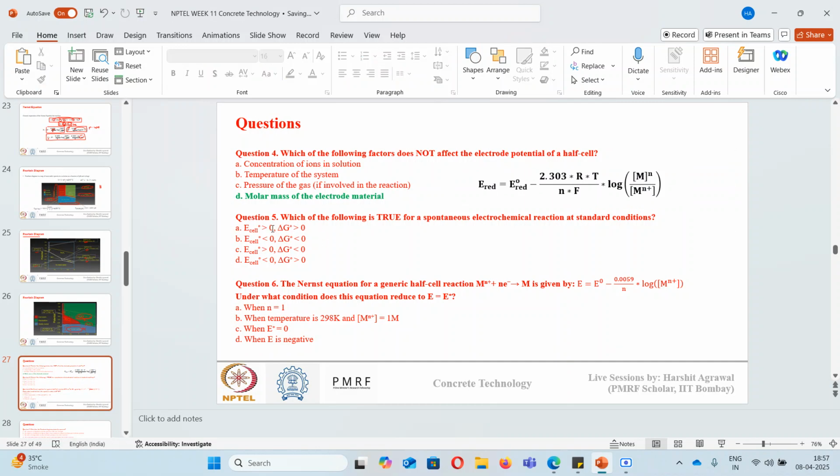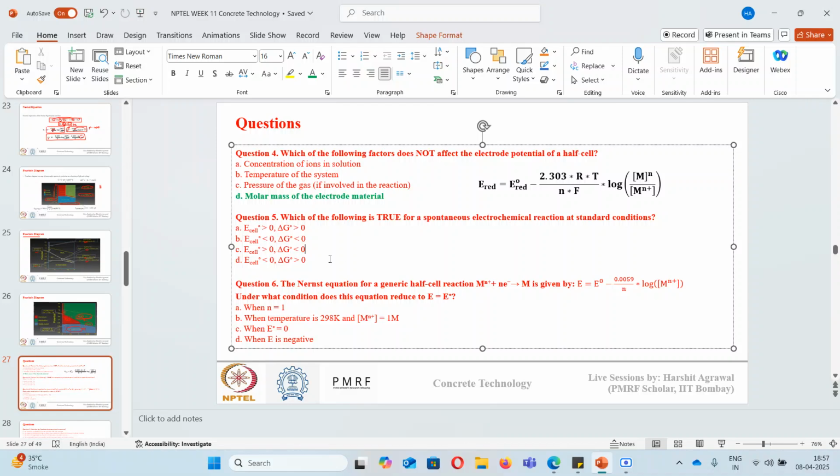Now, question number 5: which of the following is true for a spontaneous electrochemical reaction at a certain standard condition? While I was talking about the derivation of Gibbs free energy and this electrode equation, I told the answer for this question.